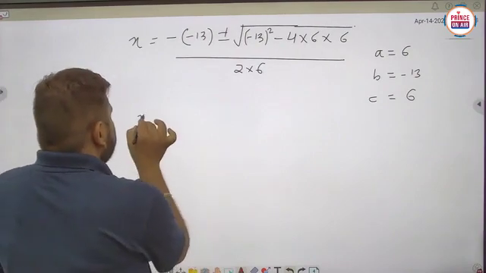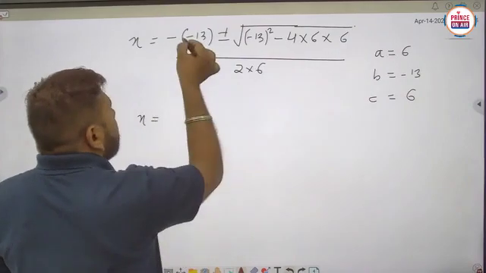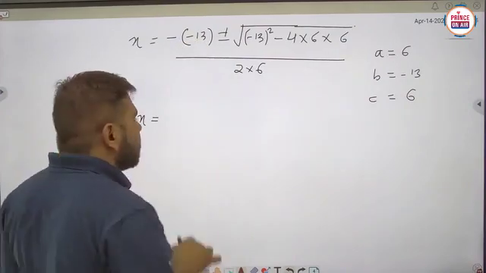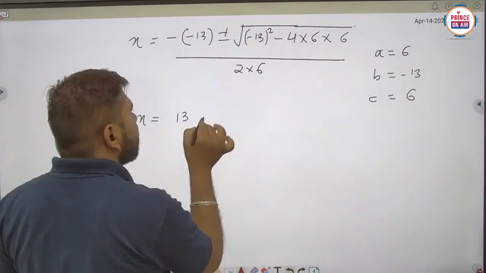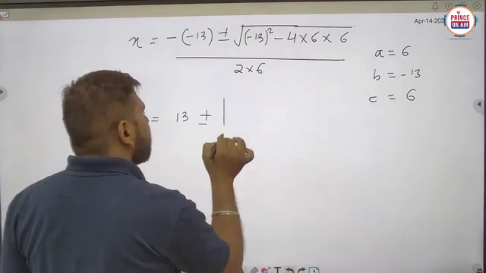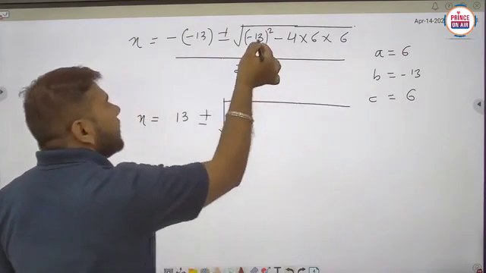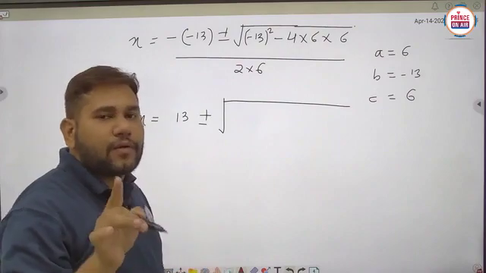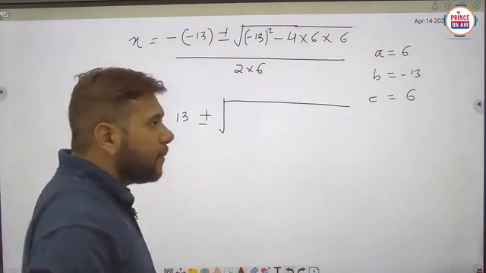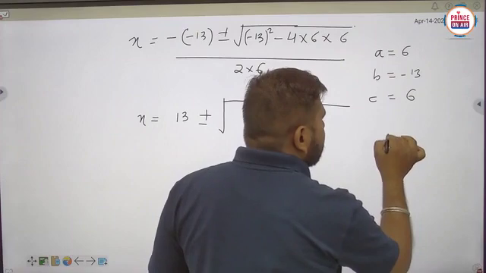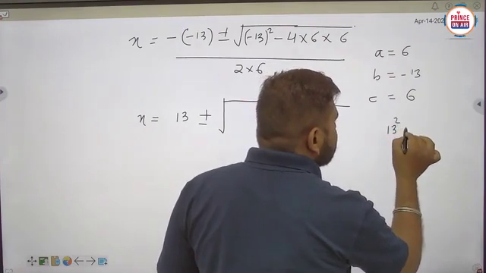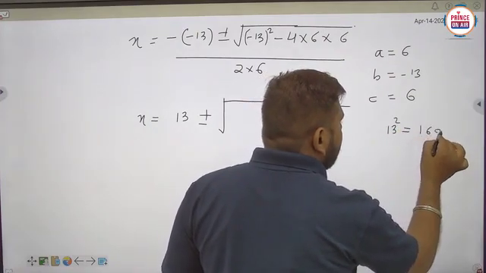So, now x is equal to minus, it will be the plus 13 plus minus under root minus 13 square. What is the value of 13 square? We all know that 13 square is equal to 169.